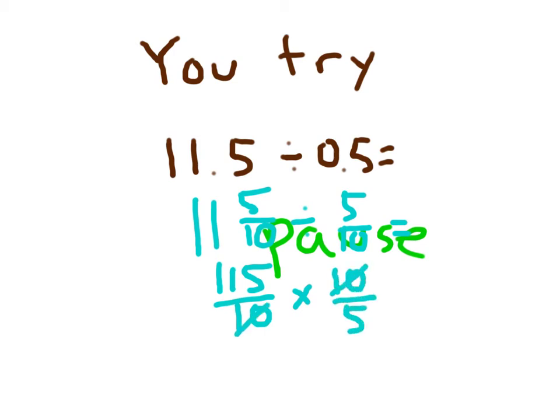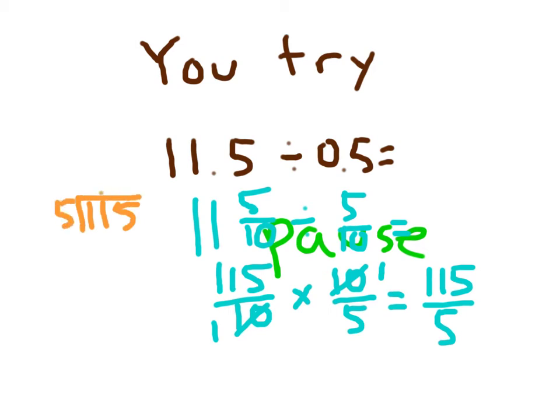Tenths, 10, 1, 1, which is 115 fifths. I can do my division work for that there to get my answer, because I do have to simplify. 5 goes into 11 2 whole times. 2 times 5 is 10. 11 minus 10 is 1.